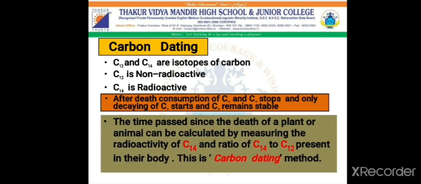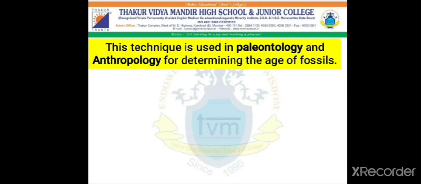The time passed since the death of a plant or animal can be calculated by measuring the radioactivity of C14 and the ratio of C14 and C12 present in their body. This method is called carbon dating. This technique is used in paleontology and anthropology for determining the age of fossils.